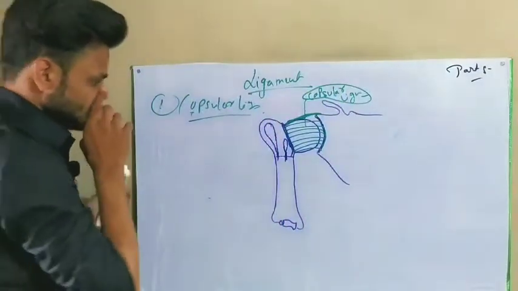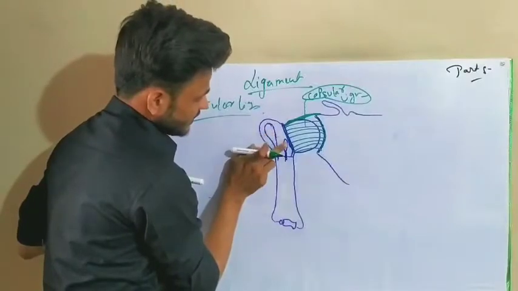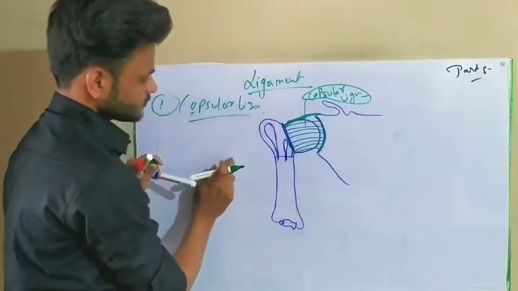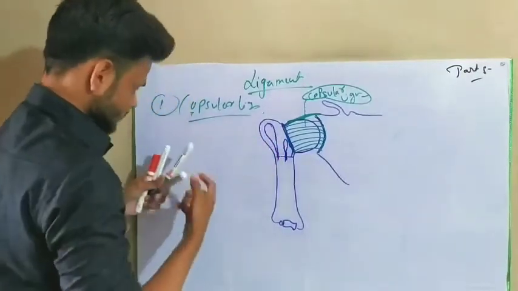Now the other ligament, which is attached to both tubercles.